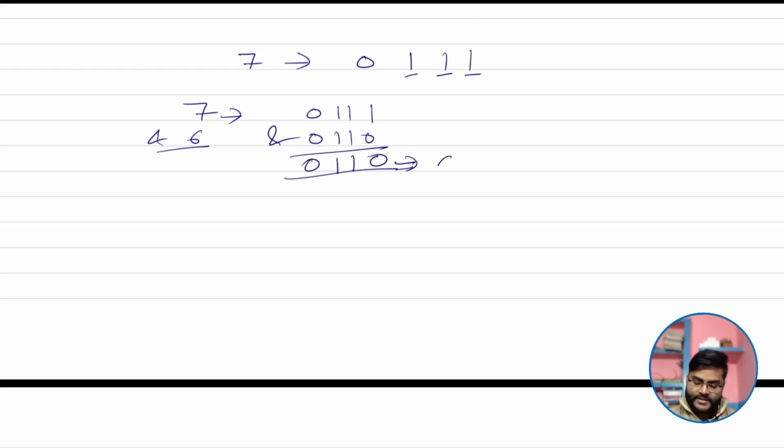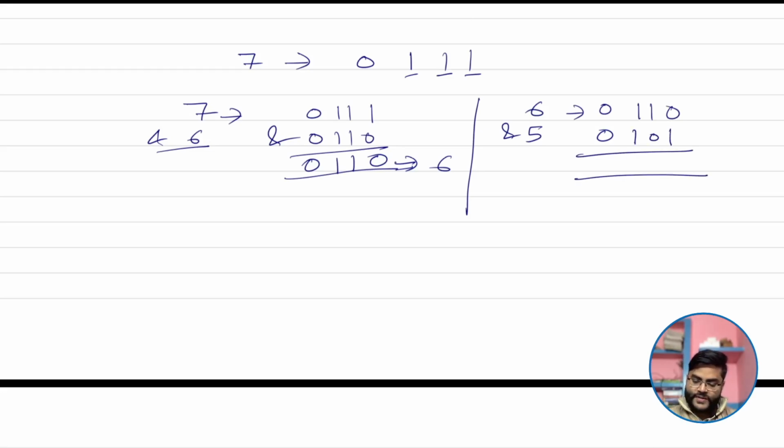It is nothing but 6. Again if I do 6 AND with 5, it will be 0110 AND 0101, so this will be 0100. It reset my second set bit. Now what is the value of this? It is 4.